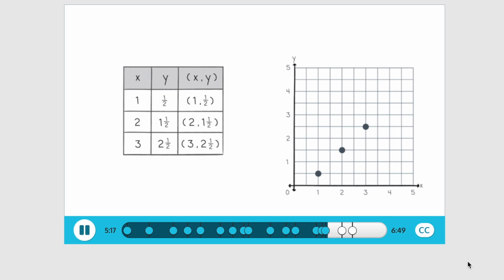Let's draw a line through the points like this. All of these points are on the same line because the relationship between each x-coordinate and its corresponding y-coordinate is the same for each point. Now, write a rule to describe the relationship between the x-coordinate and y-coordinate for any point on this line.